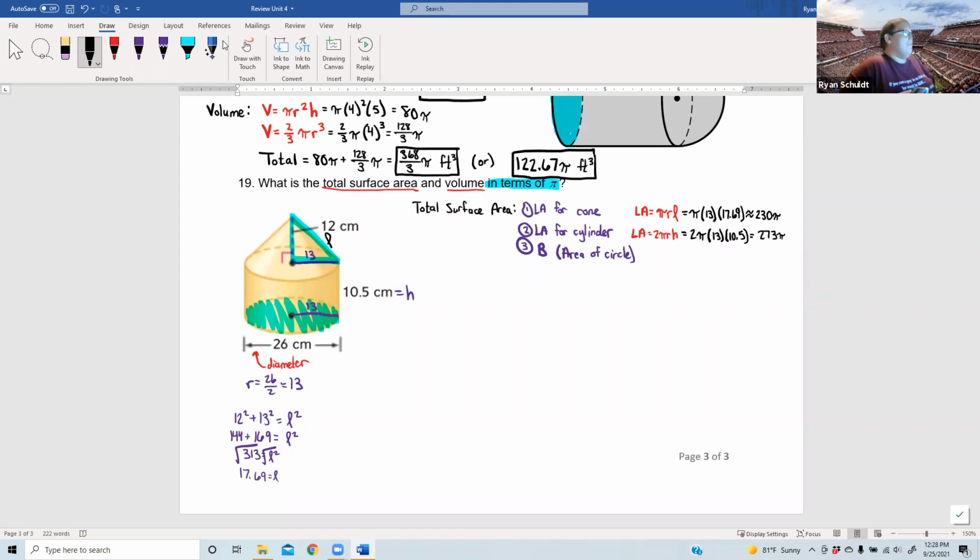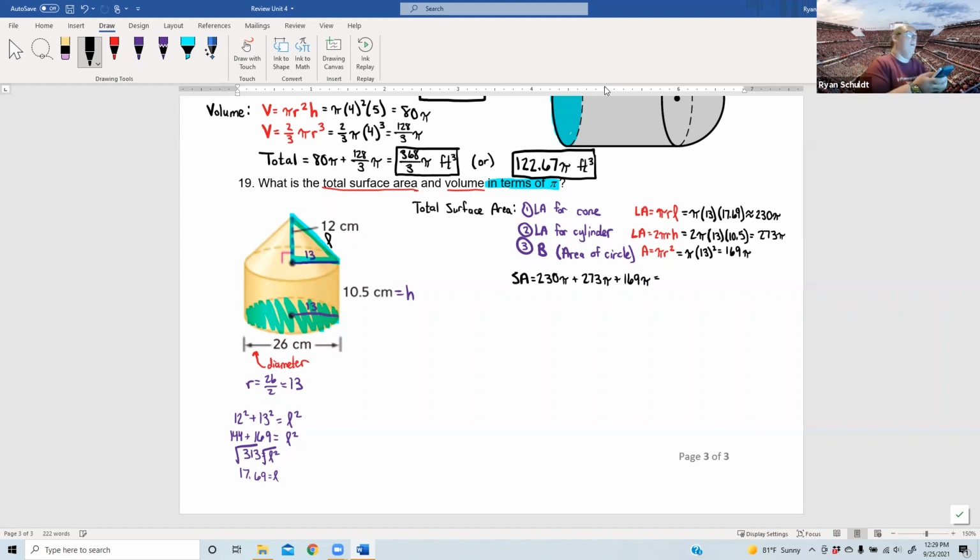And then, that gets me around the cylinder, and now I need this bottom base down here, the area of a circle, which is just pi r squared. It's going to be pi times 13 squared, which is 169 pi. So the total surface area is equal to about 230 pi plus 273 pi plus 169 pi.